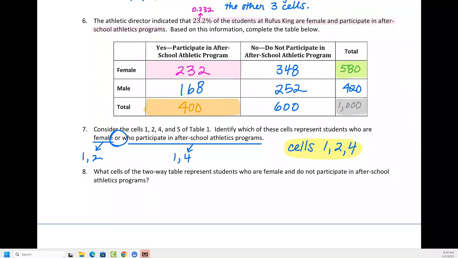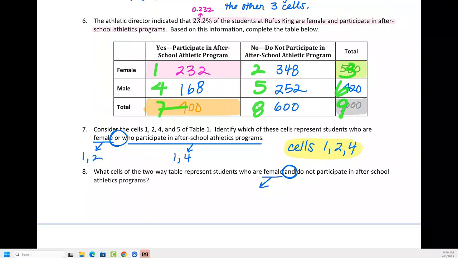All right, and then what cells of the two-way table represent students who are female and do not participate in an after-school program? Again, we're going to look at the difference with the word and this time. So what cells represent female? This is 1, 2, 3, 4, 5, 6, 7, 8, 9.